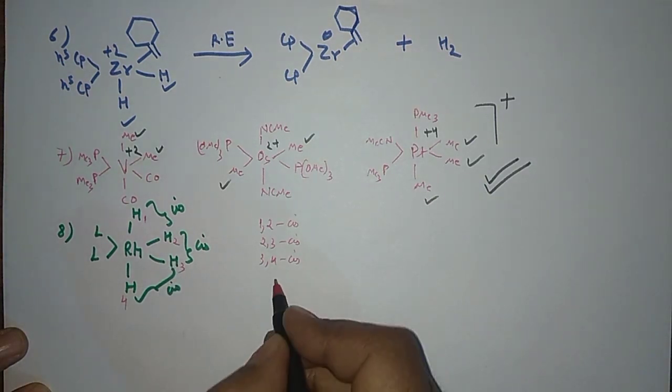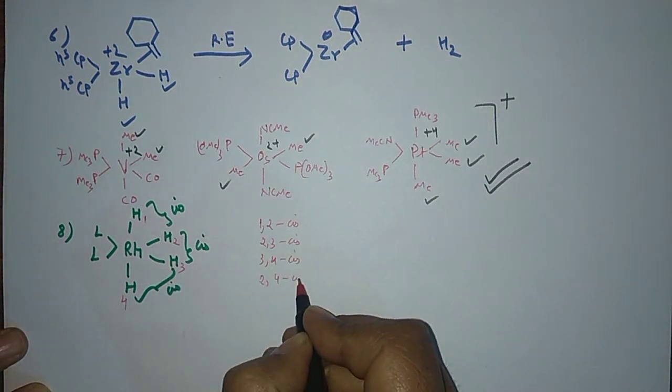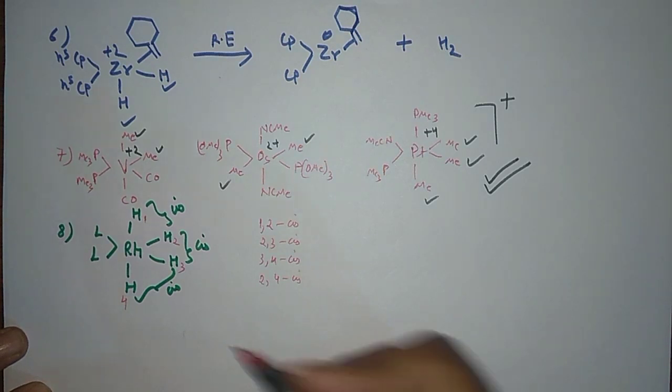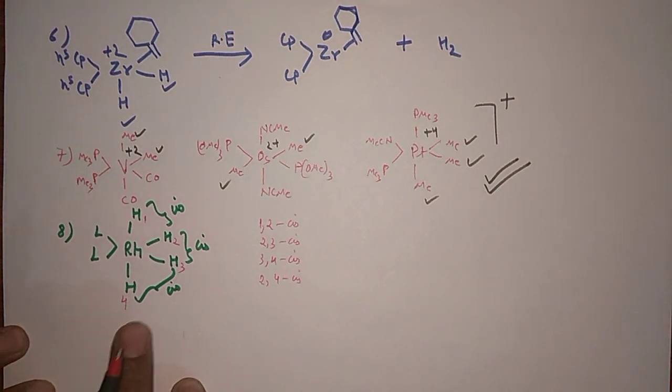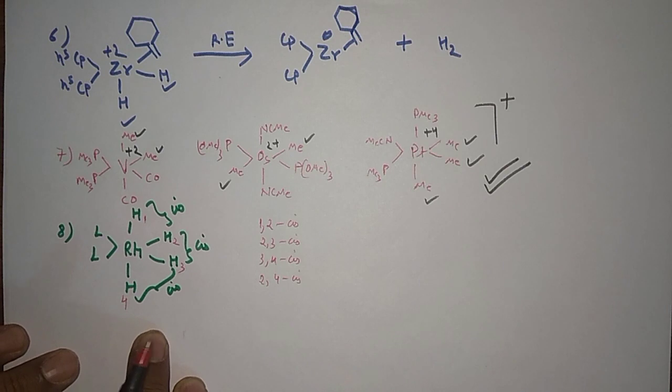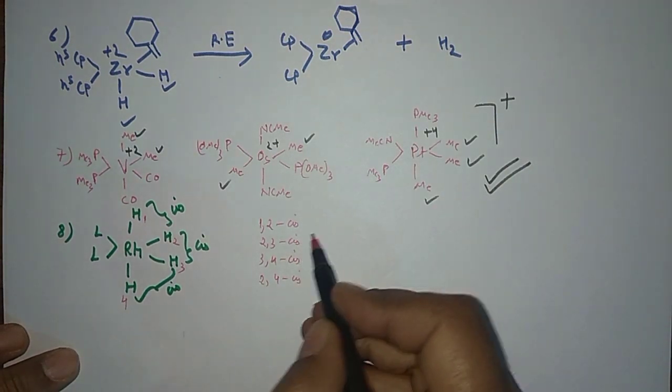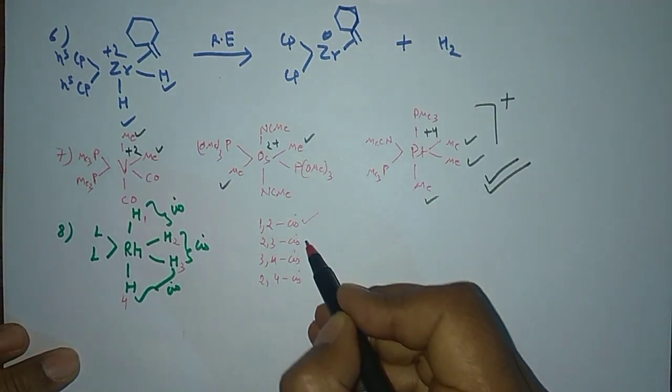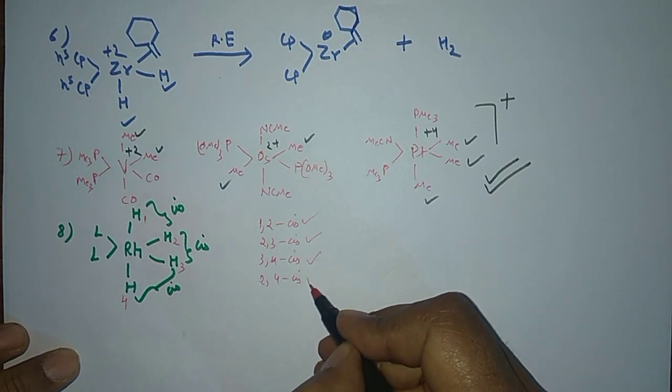And then 2 and 4, they are also cis. So no other combination is possible, right? You can see these two hydrogen can eliminate, these two hydrogen can eliminate, these two hydrogen can eliminate.